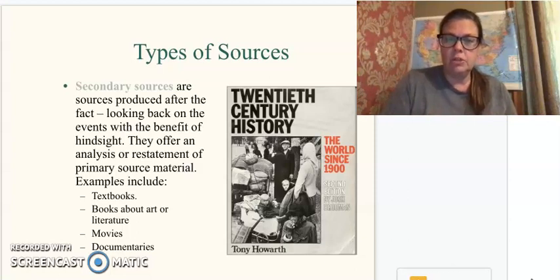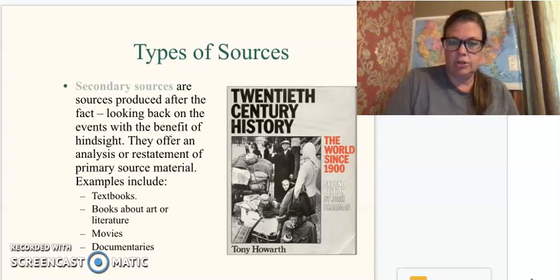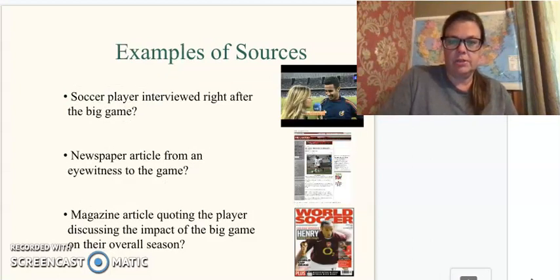Secondary sources differ from primary sources in that they're not immediate firsthand accounts of the events. Examples include textbooks, books about art or literature, history books, movies, documentaries, things of that nature. So you'll be working with both primary and secondary sources this semester.